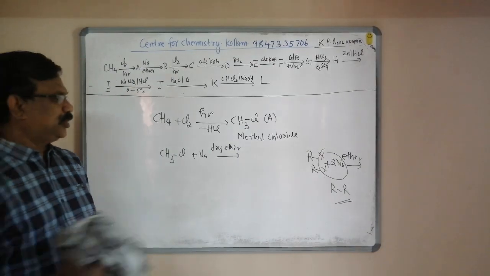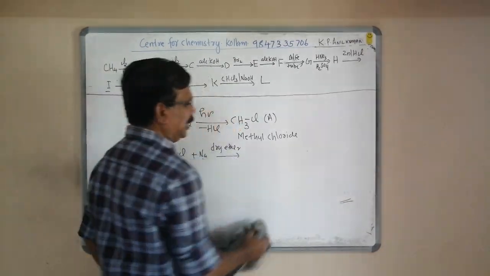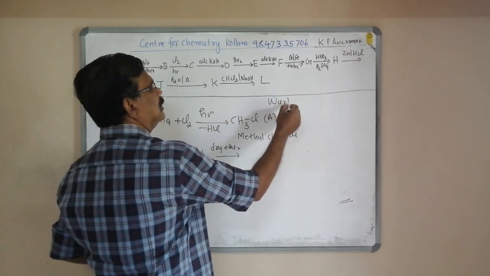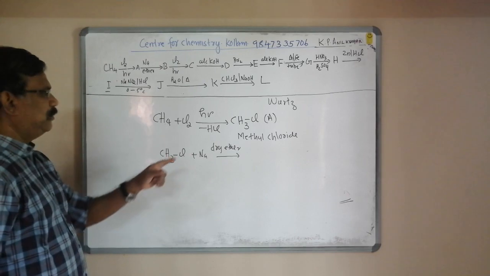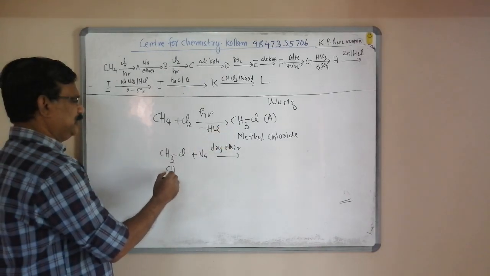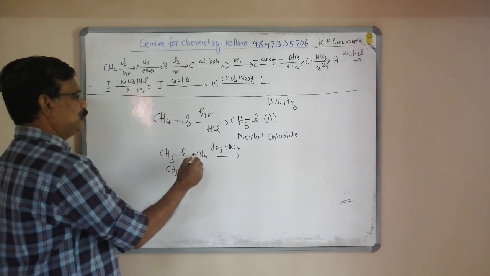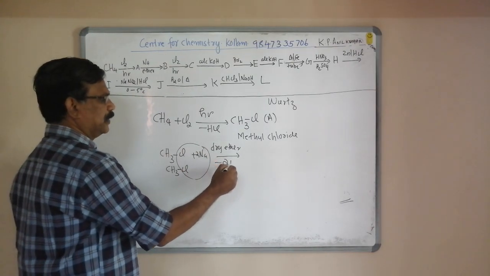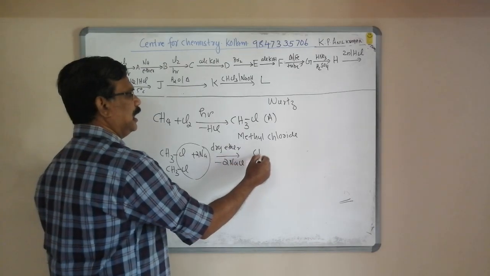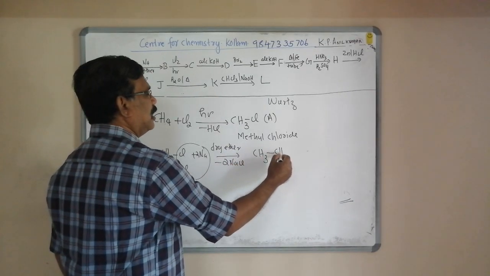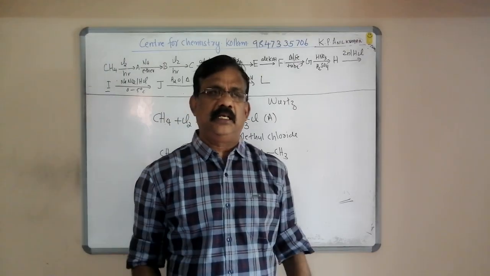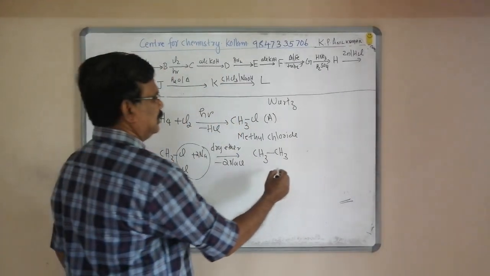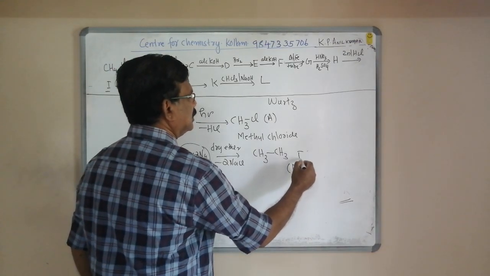So A to B is the Wurtz reaction. Two molecules of methyl chloride, two atoms of sodium, dry ether, minus 2 NaCl, gives R-R, CH3-CH3, ethane. So B is ethane.